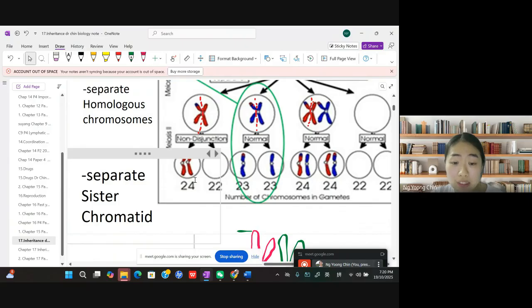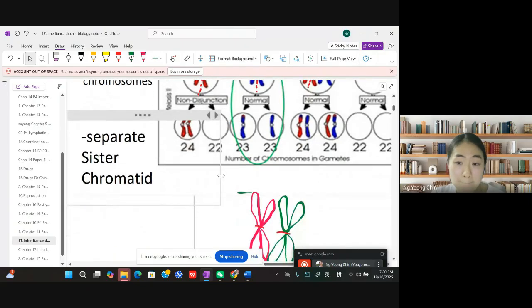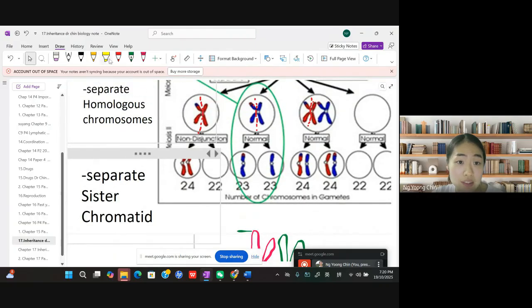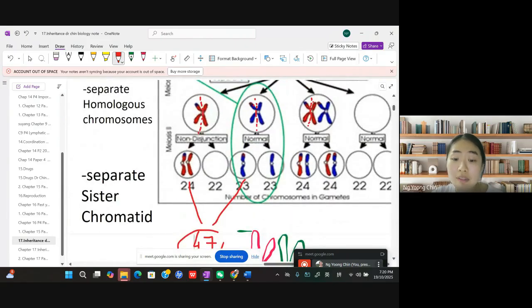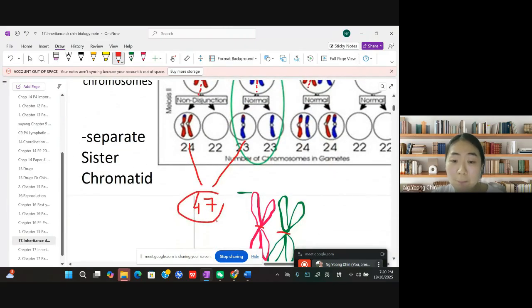So this 24, if you fuse with another gamete, which is 23, you become what? 47. So this 47 will result in Down syndrome, because 47 is not the normal number of chromosomes.